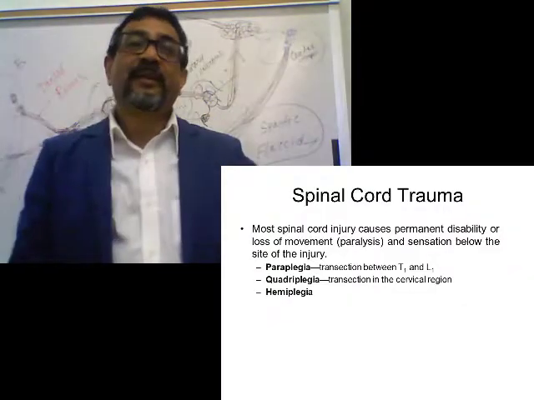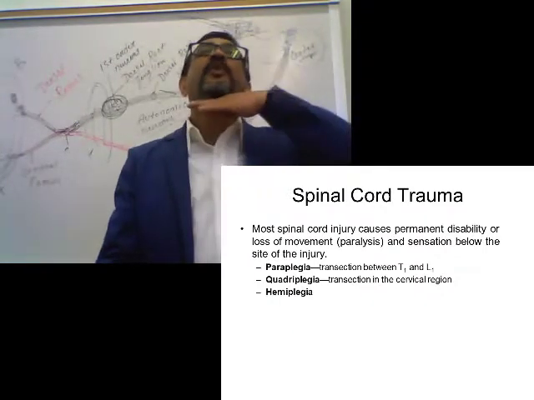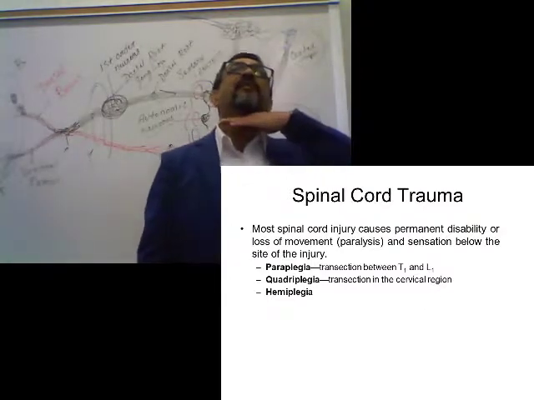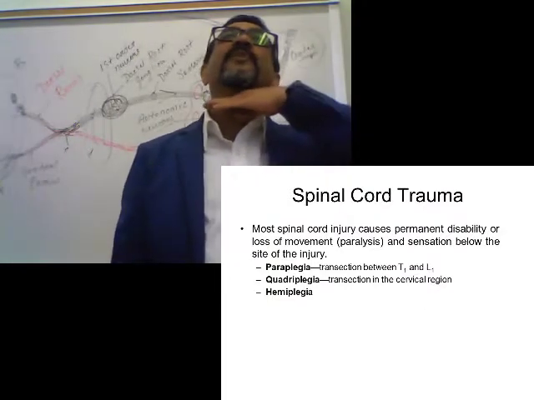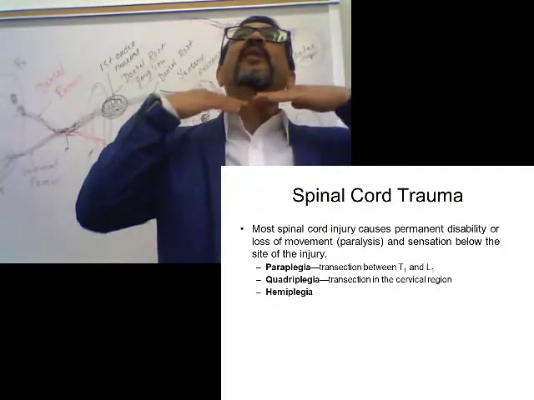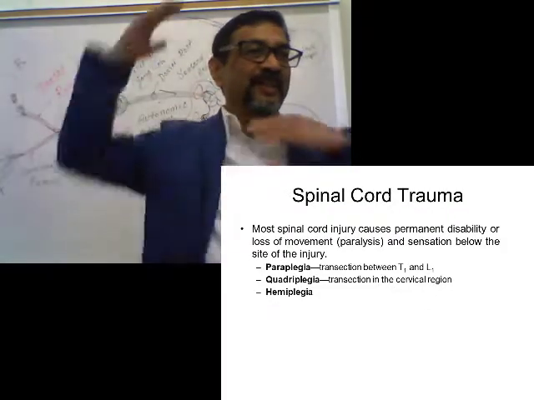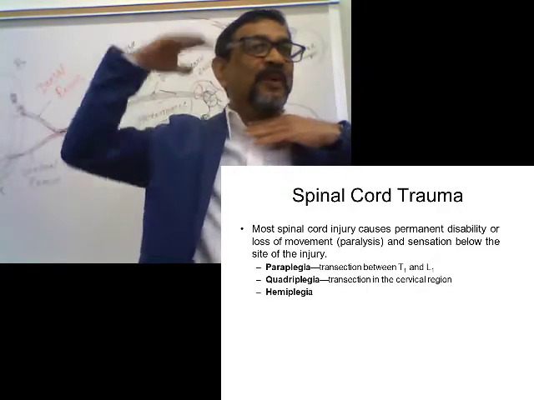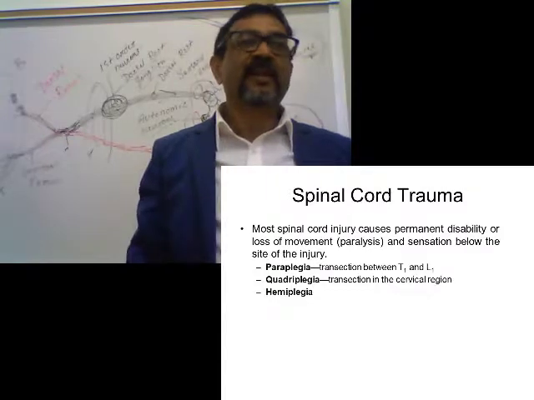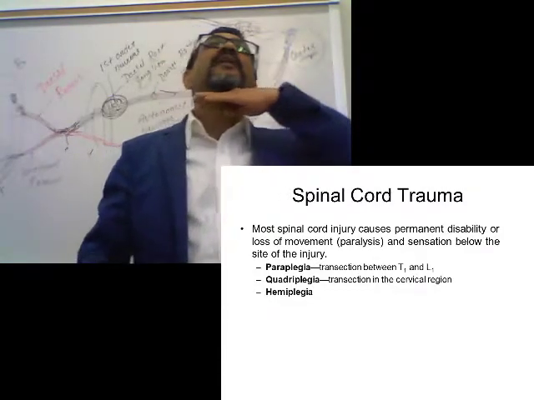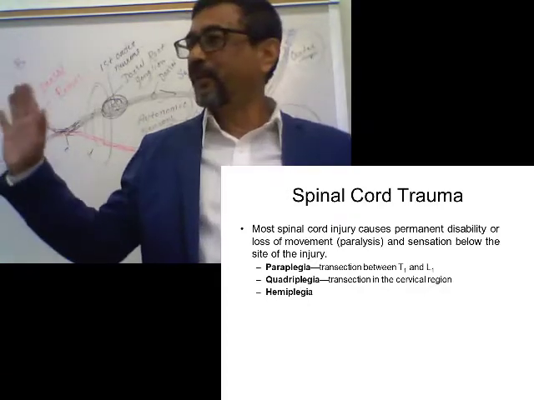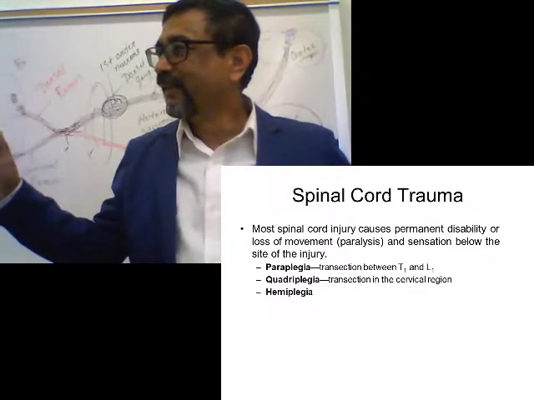If the injury occurs here in the upper cervical part, the top part of the spinal cord, just remember, when the injury occurs, the part below is non-functional, right? Dissected from the brain. So that part will be paralyzed or affected. So if injury occurs here, the body below that will be affected. Make sense?